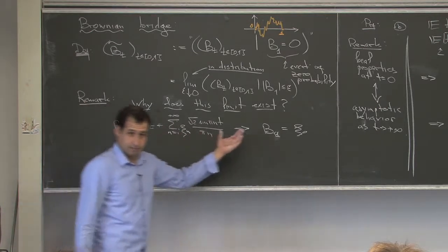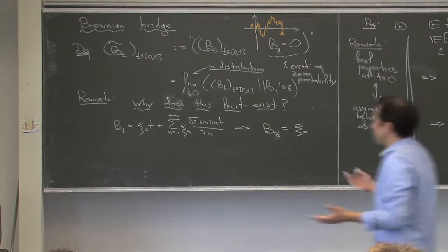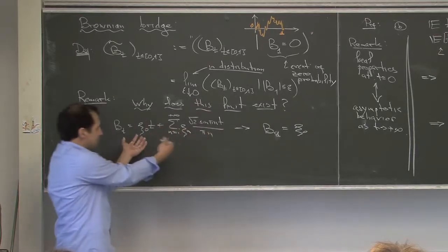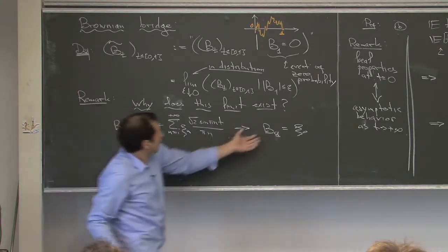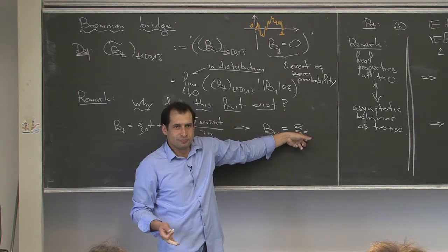It's just the identity. Okay. Now the picture is absolutely clear. I'm just conditioning: I had many independent variables, and I would like to condition on the event that one of them is 0.